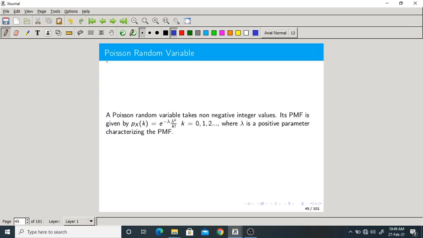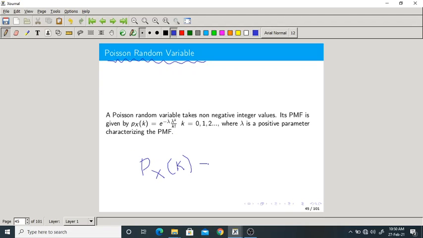It is called Poisson random variable. Okay, so it takes on non-negative integers. Okay, which means k equal to 0 and so on. PMF, I am directly writing the PMF. What is that? See, it is somewhat different. Please try to remember this.